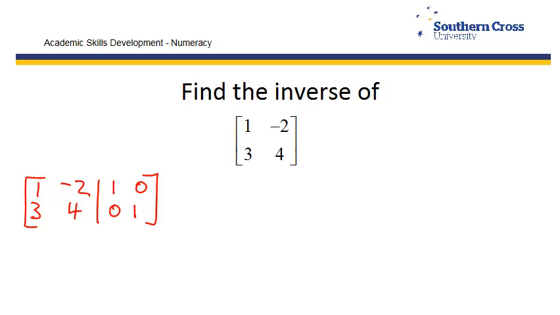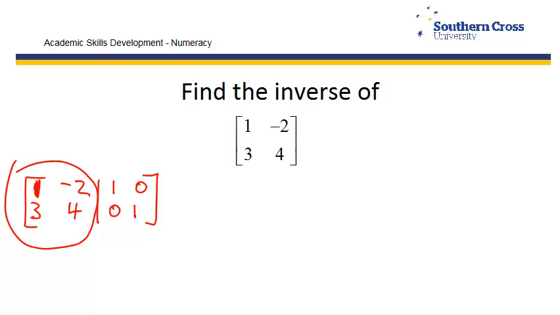And we're going to make changes to this matrix until we get the identity matrix on the left hand side, and the inverse will be found on the right hand side. So when you're trying to get this section here to be the identity matrix, you need a 1 in this cell position here. There is already a 1 in that position, so we don't need to do anything.